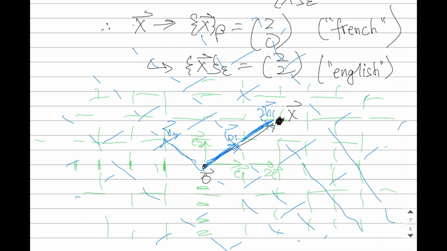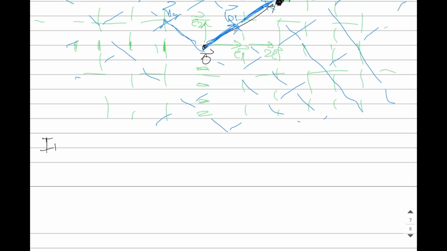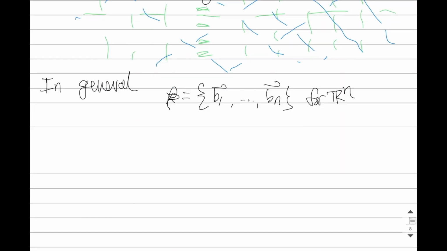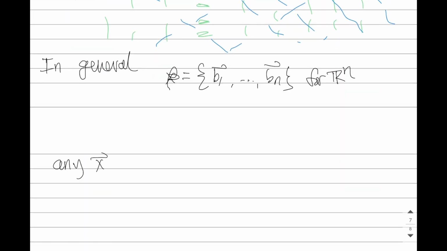So if I want to do this in general, there's a very simple algebraic way to do it. If I have a basis, B1 all the way down to Bn, this is a basis for Rn. I can take any vector x that lives in Rn, and I can represent it in terms of this basis. I have all of these different weights that tell me how much of each basis vector to take.